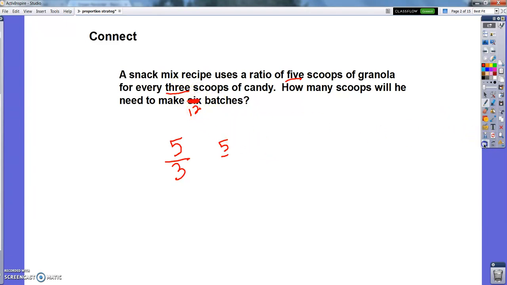And so the fast way to write that would have been, well, he made 12 batches of each ingredient. And so we got our equivalent ratio that way, 60 scoops of granola and 36 scoops of candy. That's how we did that. And so we're going to use a strategy like this today to solve some new ratio problems.